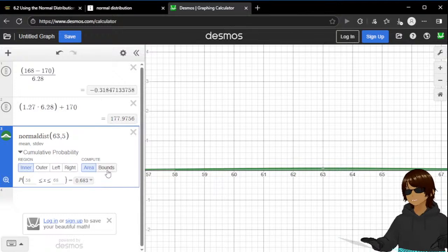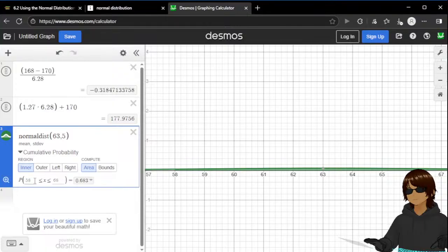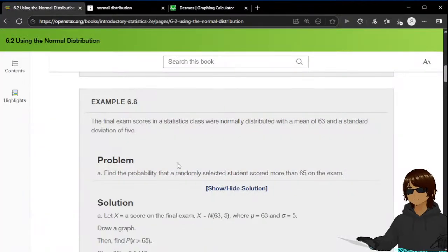I never used this area. Probability that a randomly selected student scored more than 65. So x is more than or equal to 65, so 0.345.